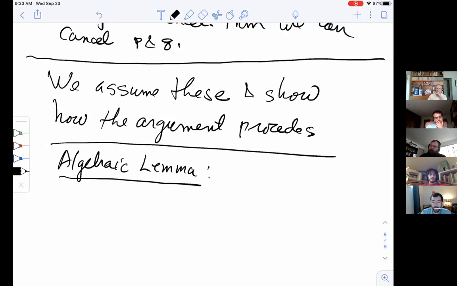I gave a count argument to show there's at least enough of them at level k+1, but I need an algebraic argument that lines up the critical points at index k+1, or actually changes the vector field and lines them up, so I can match up to each critical point of index k a critical point of index k+1 that eventually will be used to cancel it. So that's a beautiful algebraic lemma, and we'll need that. And then we'll need a birth lemma.